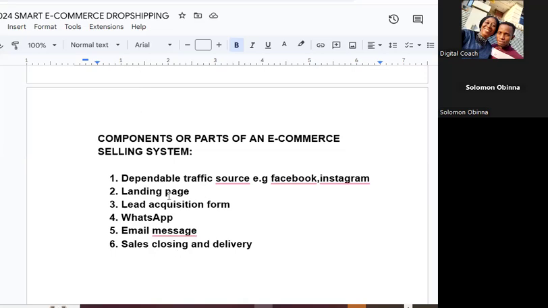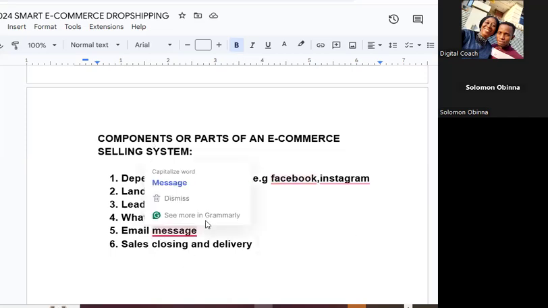This component of the selling system is specifically for e-commerce, though it can apply to other businesses, but it's much more common for e-commerce. The first part of the e-commerce selling system is a dependable traffic source.